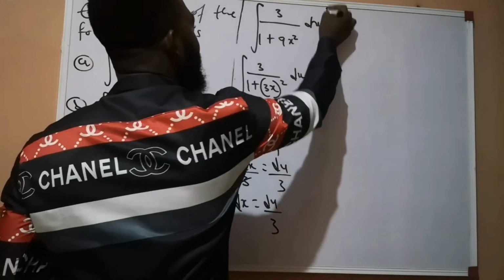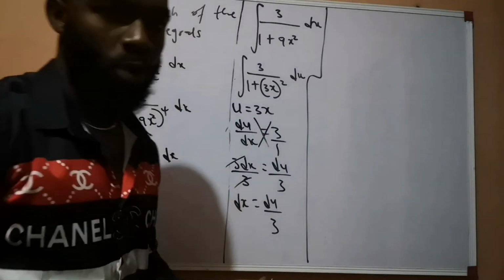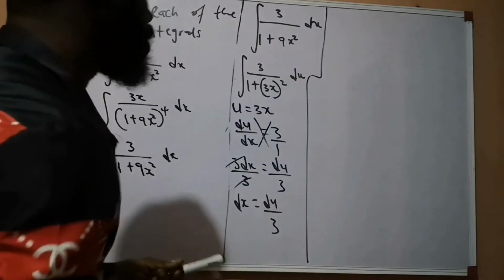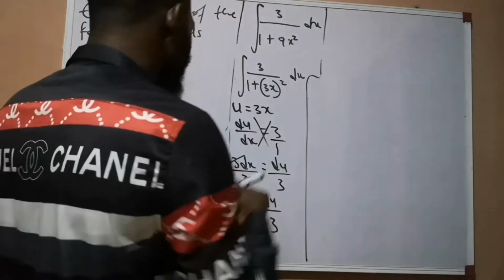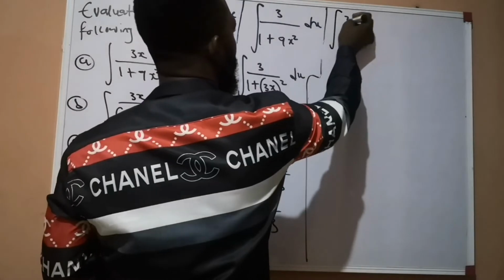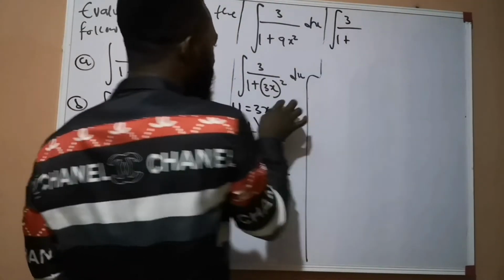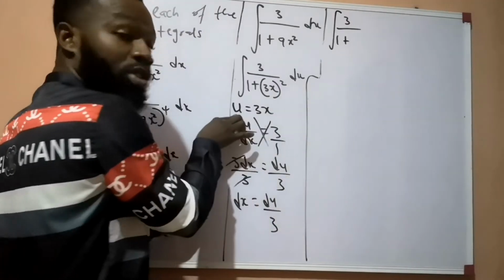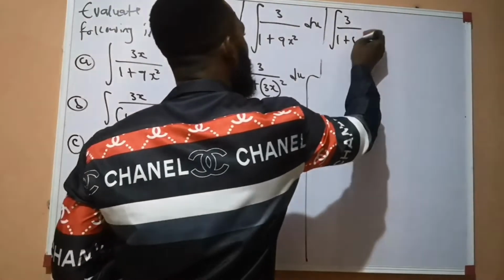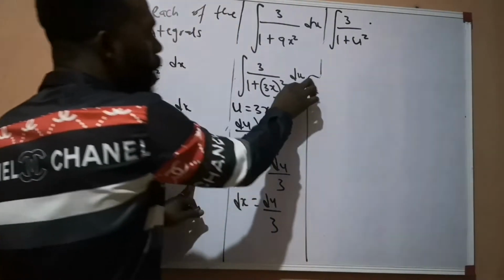Now, what did I say is the next thing we are going to do? We have to rewrite the question. If we are rewriting this question, it would look like this. Here becomes the integral of 3 all over 1 plus, remember we said 3x is u, so u raised to the power of 2, times dx.